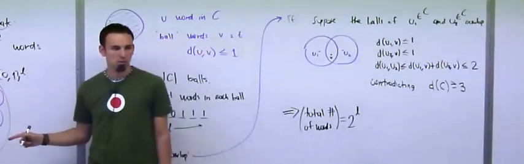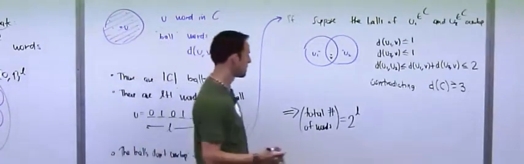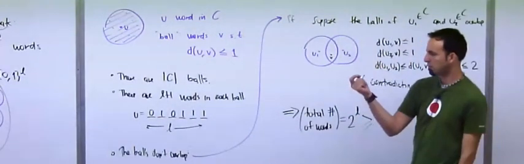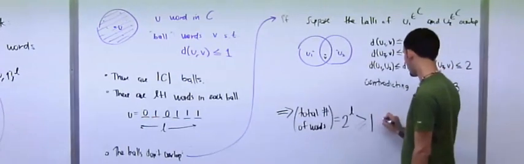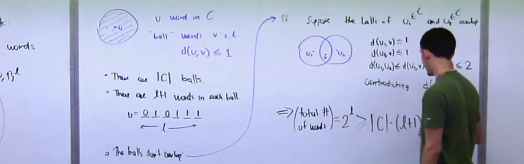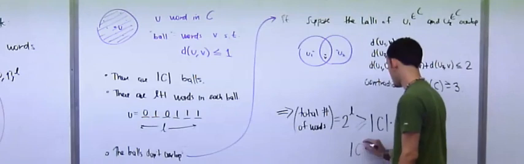Okay. So this is greater than or equal to the total number of points inside the balls, which is the number of balls times the number of points in each ball. And therefore, what I obtain is this.